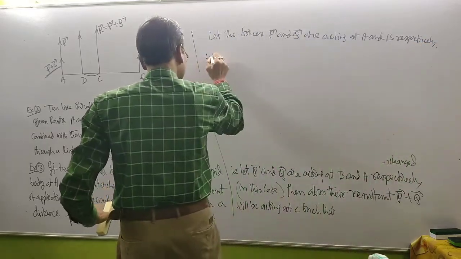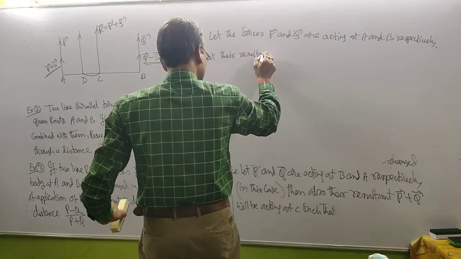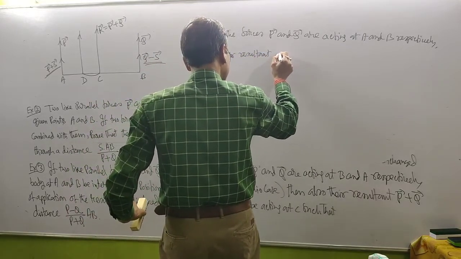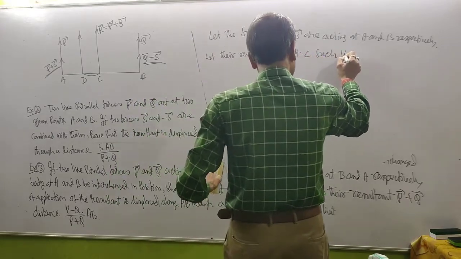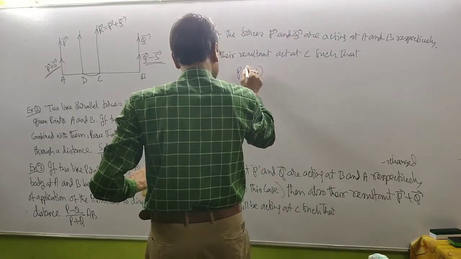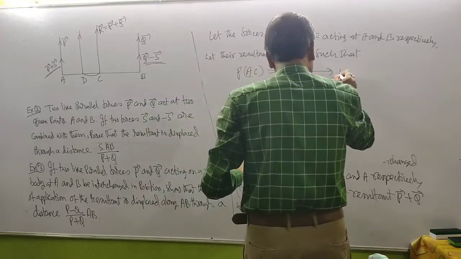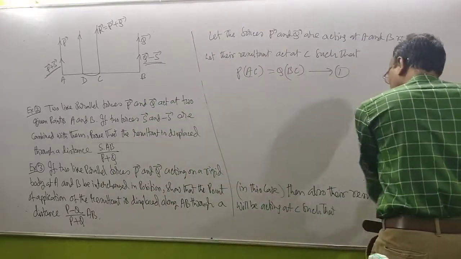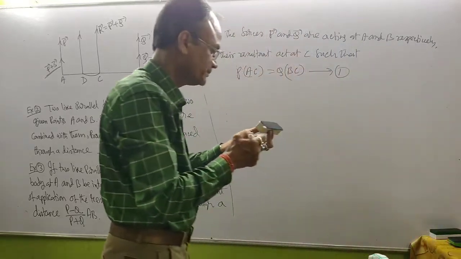Let their resultant act at C such that P into AC equal to Q into BC. Suppose this is number 1. P into AC equal to Q into BC. This is number 1.